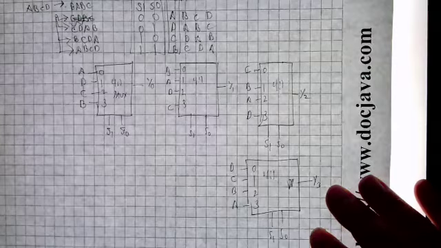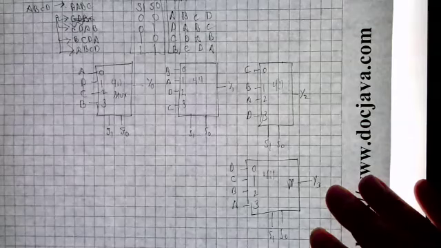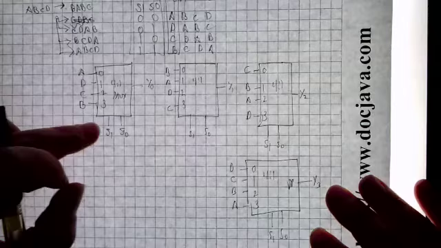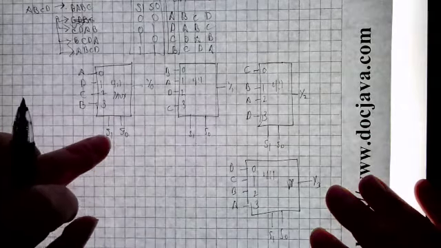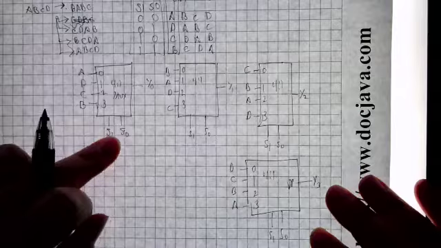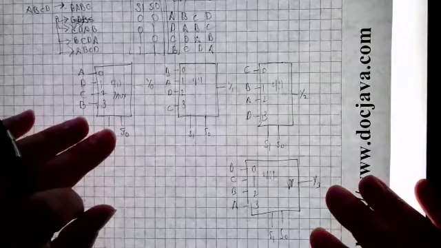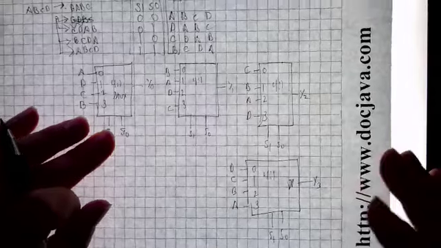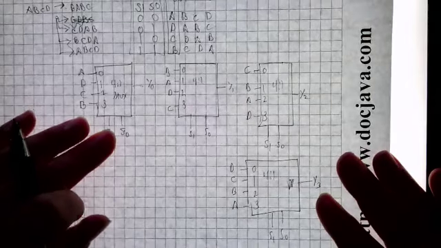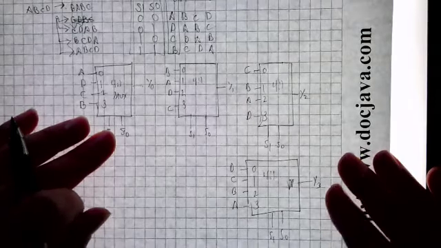Now, if I have a 3 selector input barrel shifter, can we use 8-to-1 multiplexers? Here you needed 4 multiplexers for 4 bits. If you wanted 8 bits, obviously you would need 8 multiplexers.